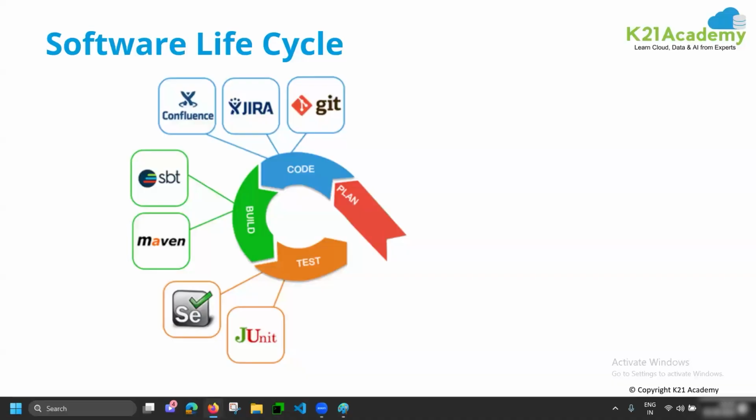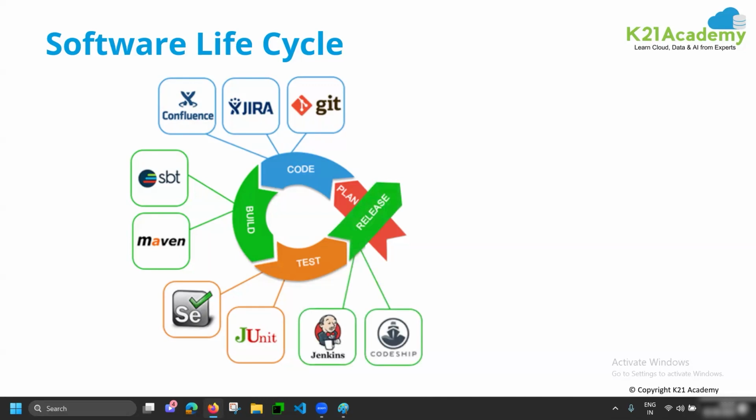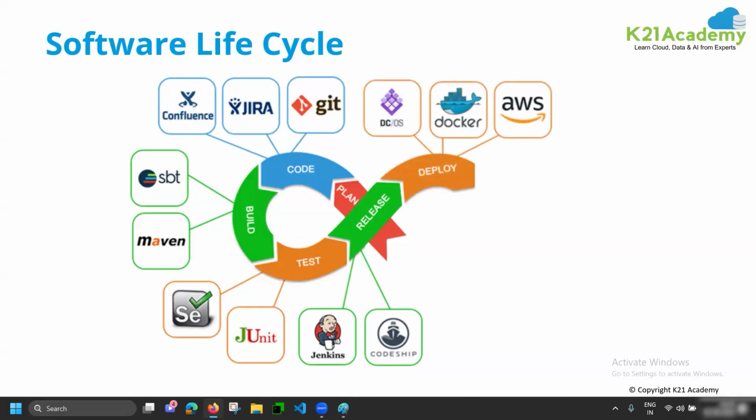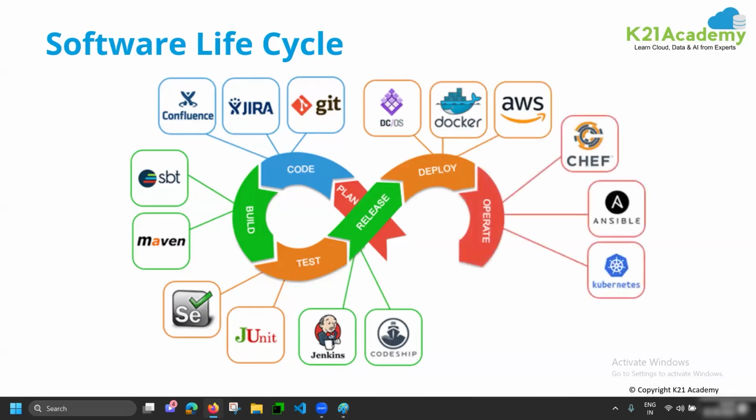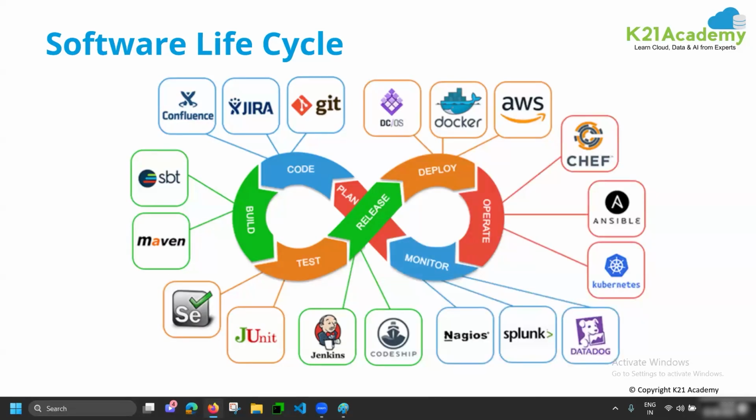For test, we'll be using JUnit and Selenium as well. For CI/CD activity, we'll use Jenkins and Azure DevOps. For deployment, we would deploy on AWS VMs and Kubernetes. On the operations side, we would use Ansible and Kubernetes, and also the monitoring part.